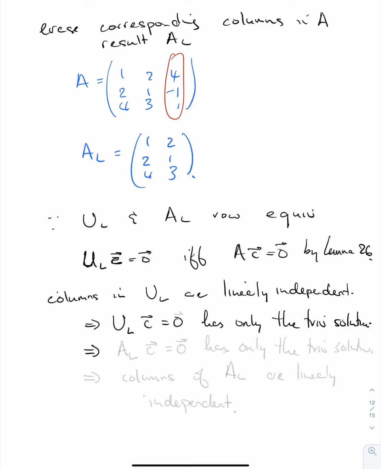This means that AL times the same C is equal to 0 has only the trivial solution. There's only one possible value for C, 0. And this means that the columns of AL are linearly independent.